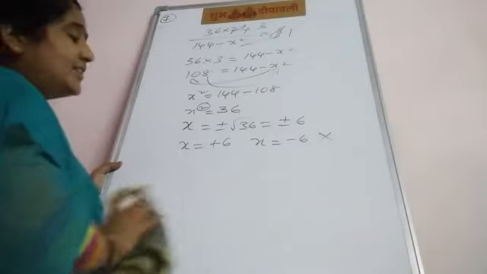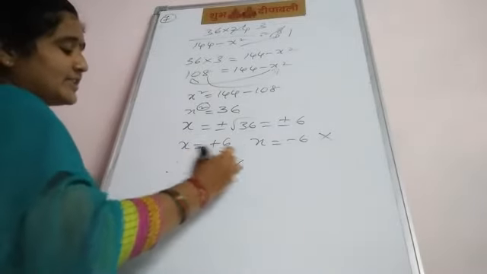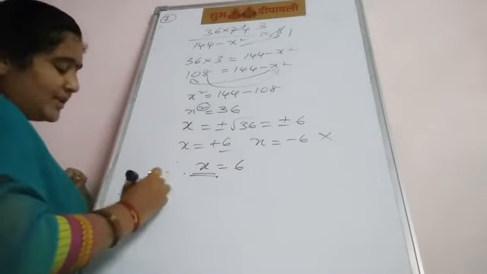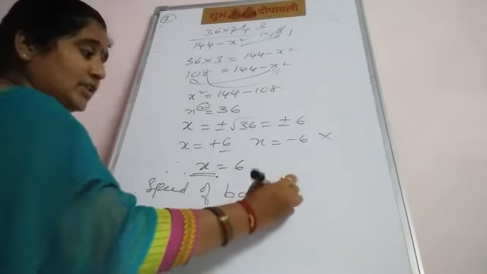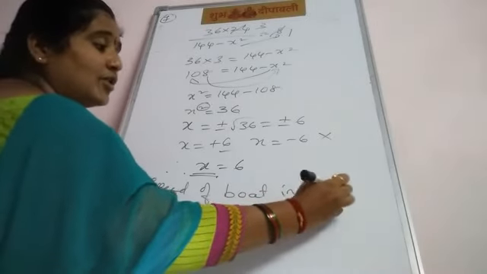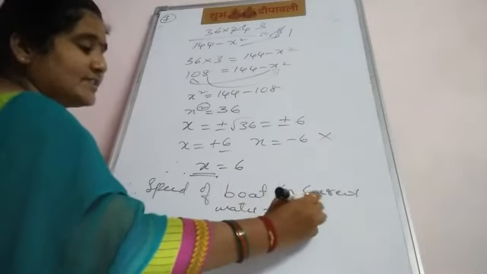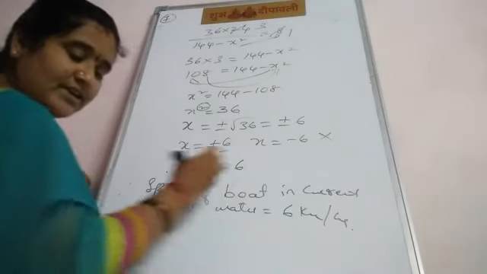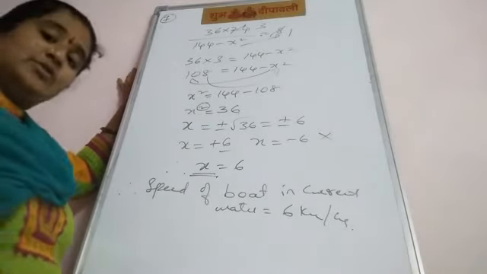Speed cannot be negative, so we take the positive. Therefore x equals 6. This x is the speed of the current water, equal to 6 km per hour. By this we completed the 7th question also.